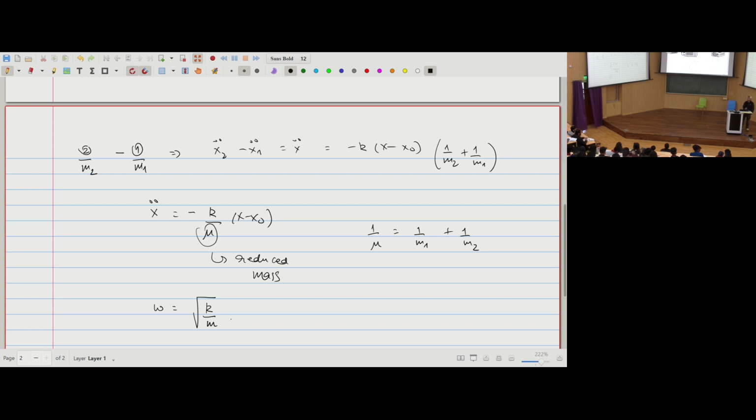Square root k by m, simple harmonic oscillator. And in this case, our m is actually the reduced mass, as we can see from this equation. Is that clear?